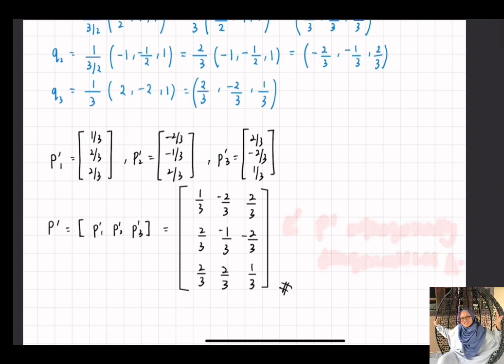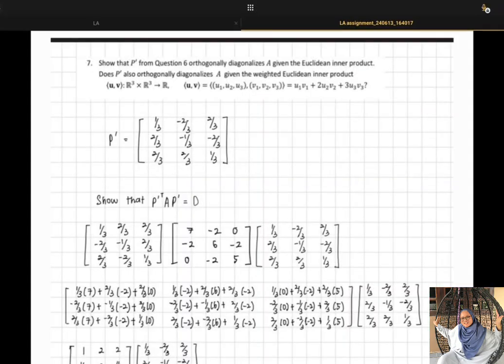For this question 7, we have two parts. The first part is to show that P prime from question 6 orthogonally diagonalizes A given the Euclidean inner product. So the P prime that we get from the previous question is 1 over 3, negative 2 over 3, 2 over 3, 2 over 3, negative 1 over 3, negative 2 over 3, 2 over 3, 2 over 3, and 1 over 3.